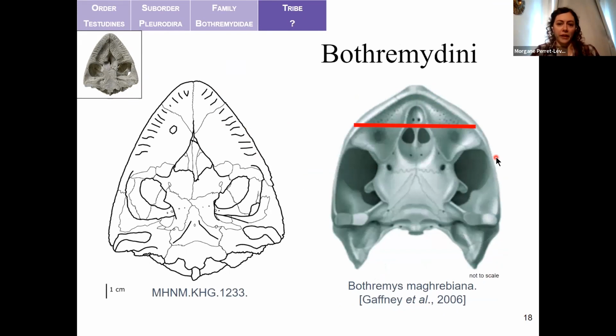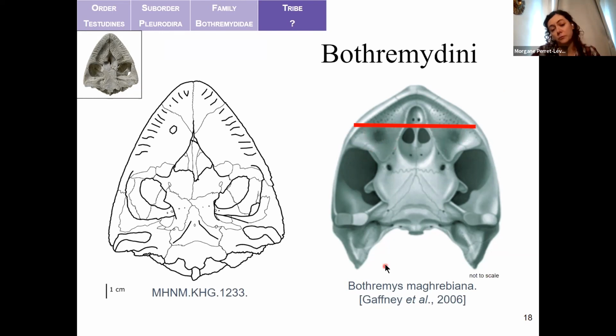The Bothremydini tribe is very difficult to show you, because it's mostly about the height of the interorbital fossa. But I prefer to show you in palatal view. It's very different. There you have two sort of cavities.